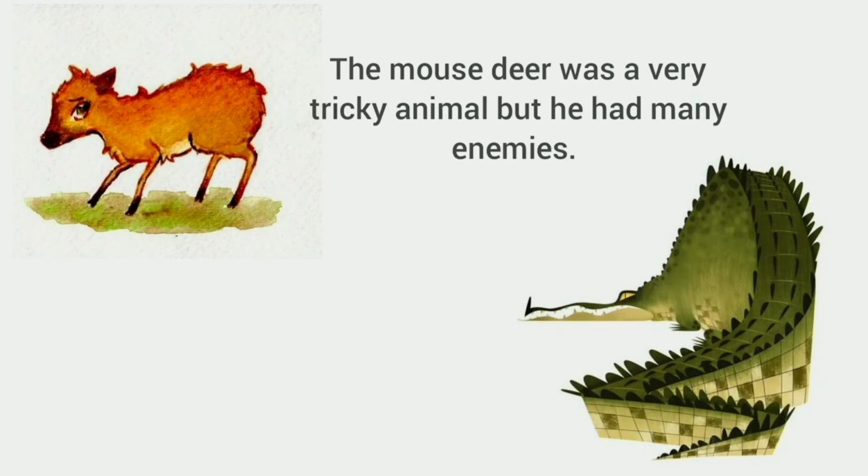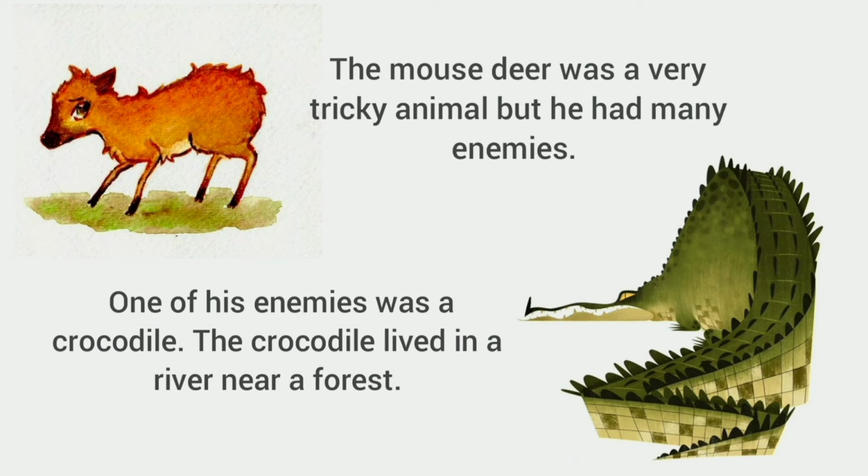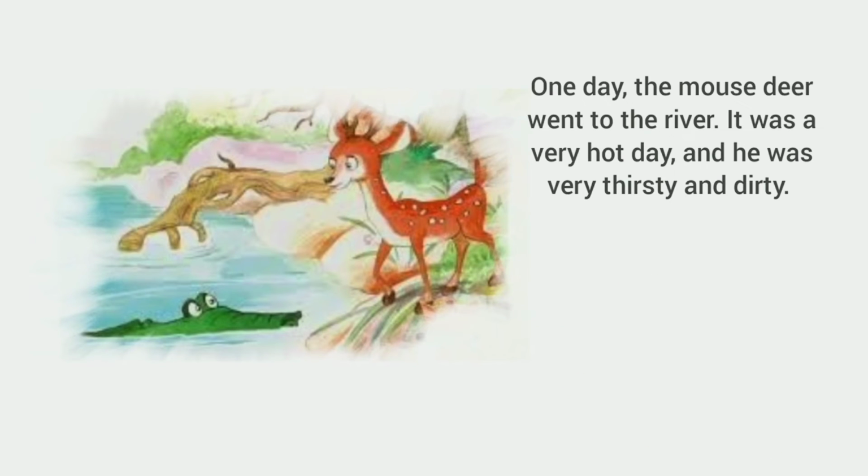The mouse deer was a very tricky animal, but he had many enemies. One of his enemies was a crocodile. The crocodile lived in a river near a forest. One day, the mouse deer went to the river. It was a very hot day and he was very thirsty and dirty.